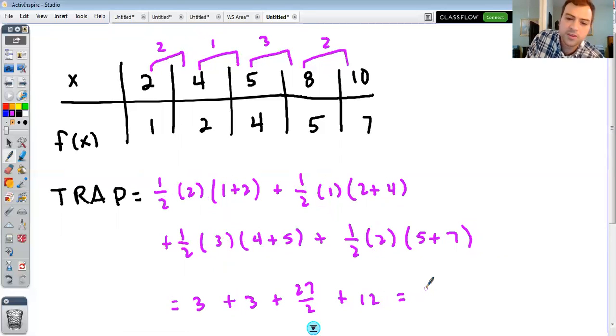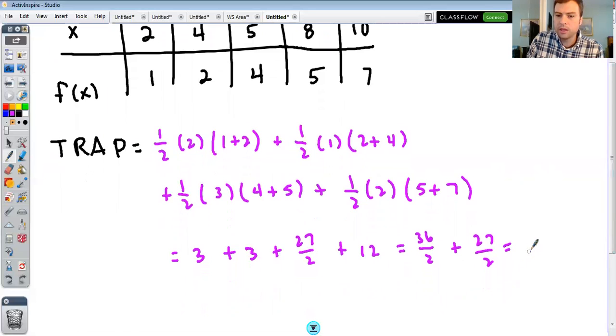So if I put all of this together, this is 6, that's 18. So that's 36 over 2 plus 27 over 2, which will give me a total of 63 over 2, which is 31.5.